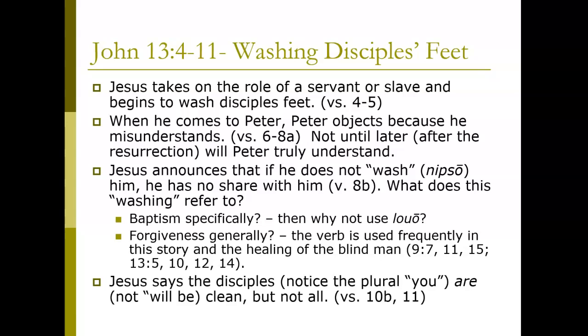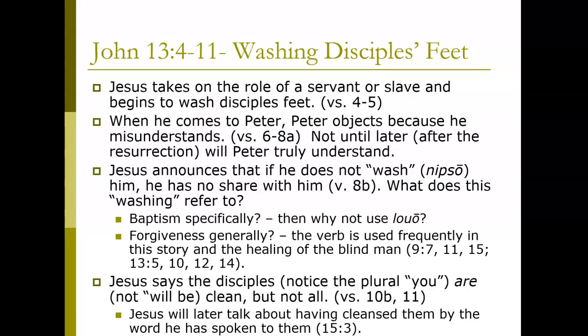In other words, Jesus knows who his betrayer is. That is something that's indicated as well within the Synoptic Gospels. So Jesus is not someone who is duped by one of his closest associates, but knew all along what was getting ready to happen to him.